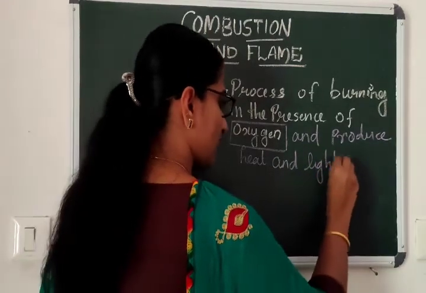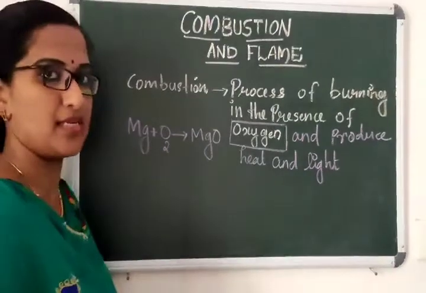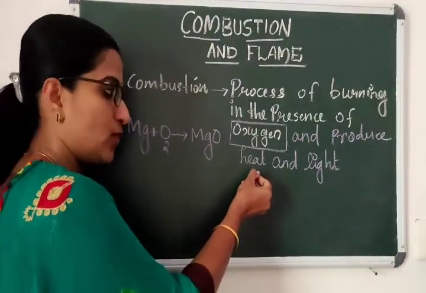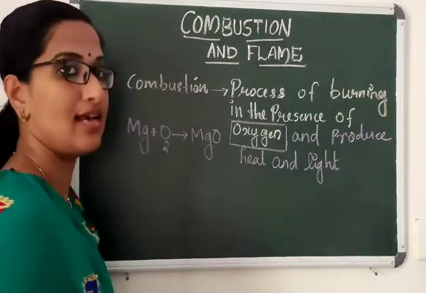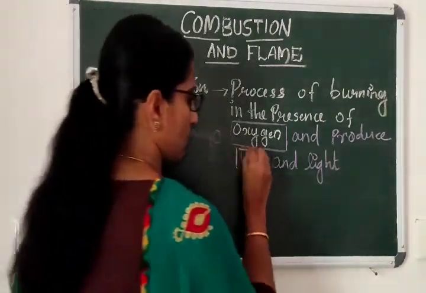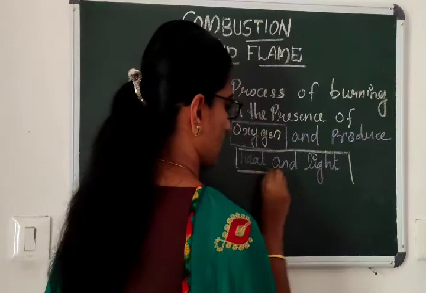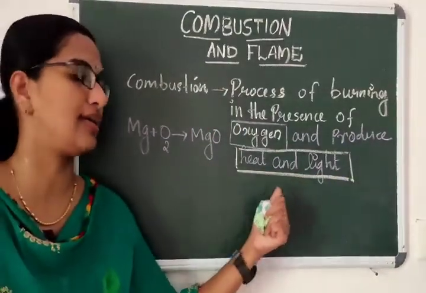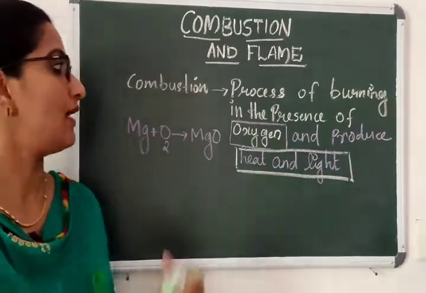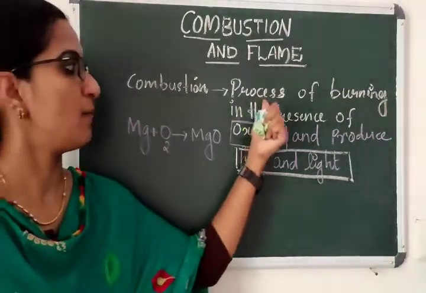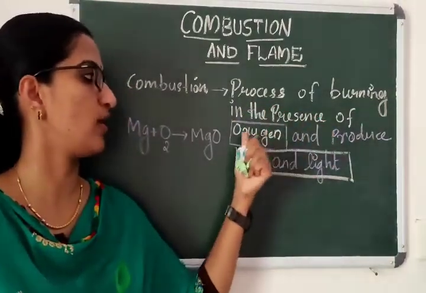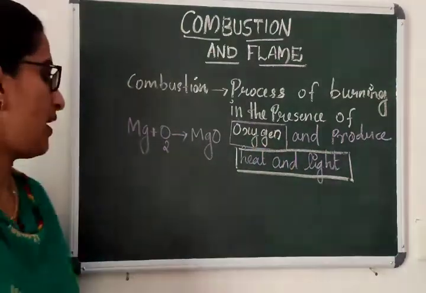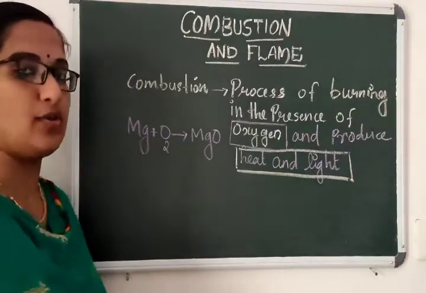Whatever substance undergoes combustion, oxygen is required, and after combustion you will get heat and light. This is a common factor. Along with the product you will always get heat and light. Okay, this is one example you can say.